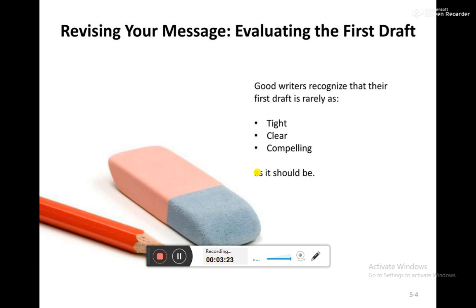Resist the temptation. Successful communicators recognize that the first draft is rarely as tight, clear, and compelling as it needs to be. Careful revision improves the effectiveness of your messages and sends a strong signal to your readers that you respect their time and care about their opinions.